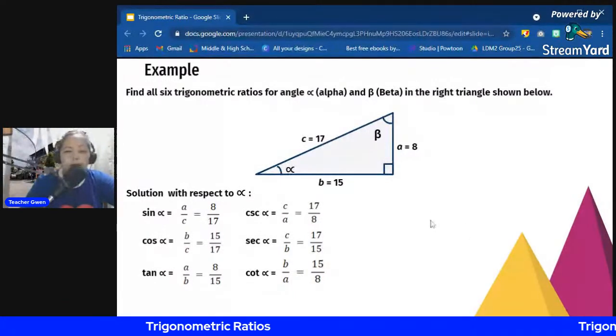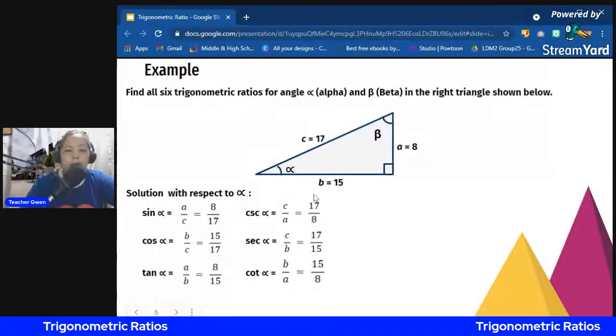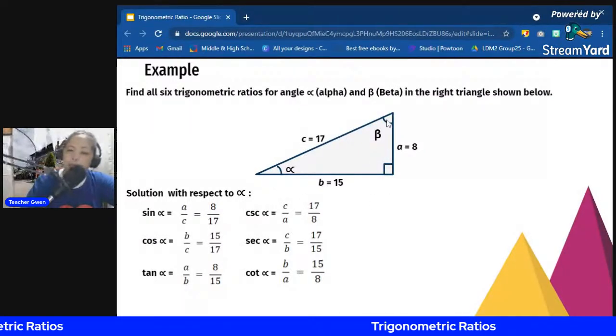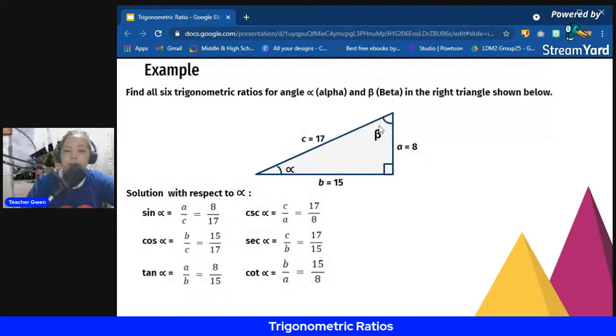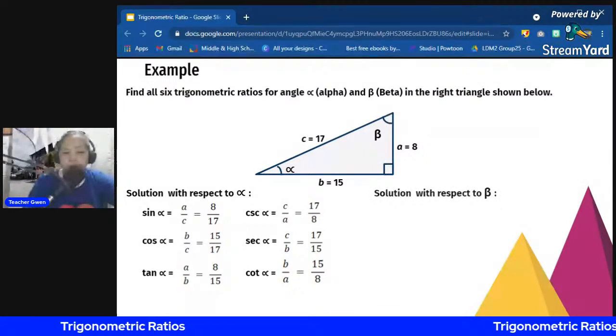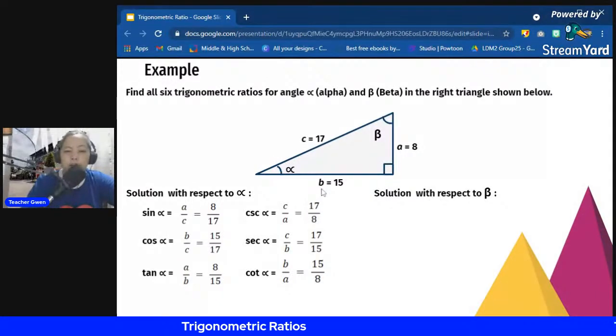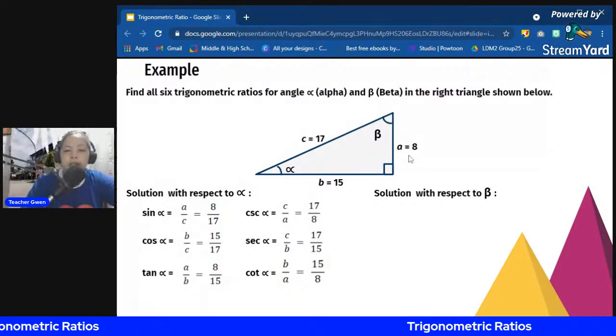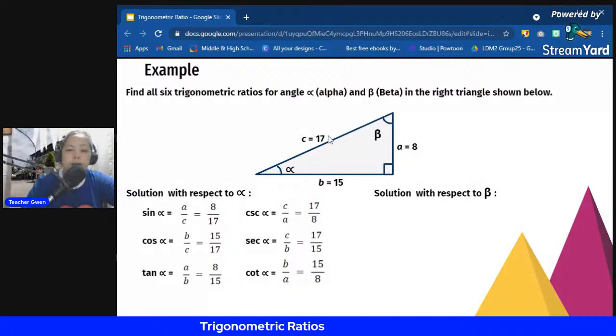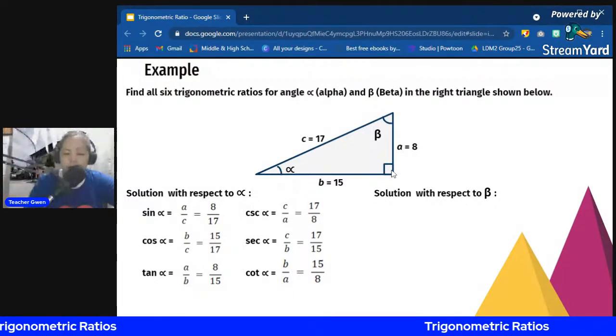Okay, now we are done with alpha. Let's proceed with respect to beta. With respect to beta, the opposite is B and the adjacent is A. And of course, the hypotenuse is always opposite of the right angle.